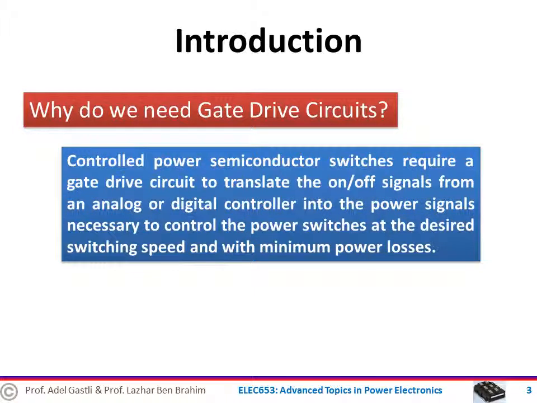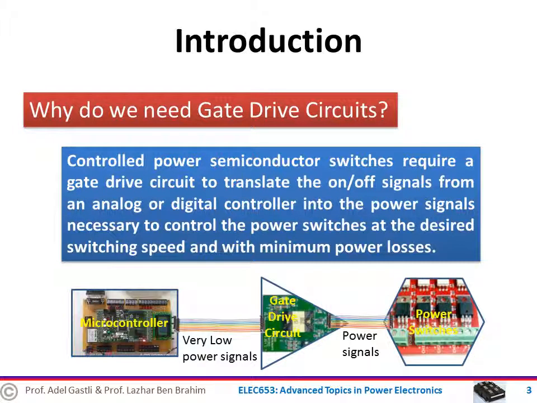For fast switching on and off of controlled power semiconductor switches, there is a need to use special gating circuits which can control the commutations of the switches, making them turn on and turn off very fast, and thus minimizing the switching losses.